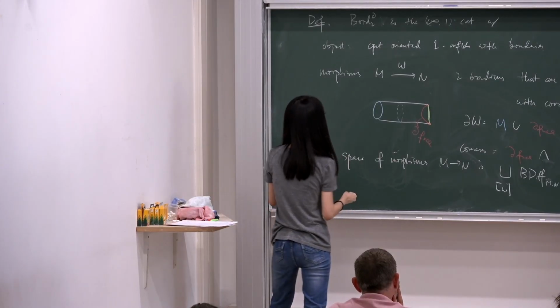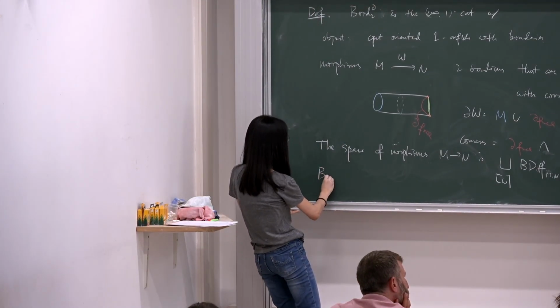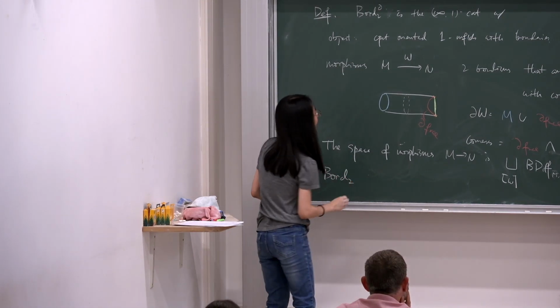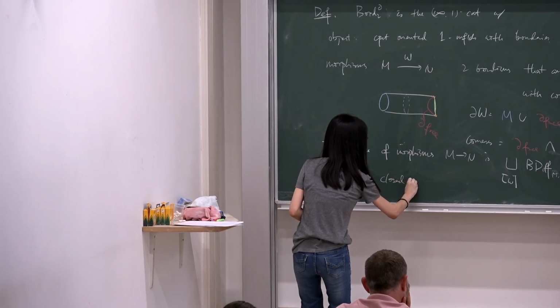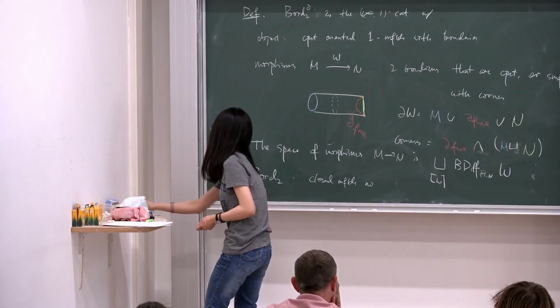And maybe let's say one more word. So more classically, people might be more concerned with the version of Bord2 where you only consider closed manifolds and no free boundaries.